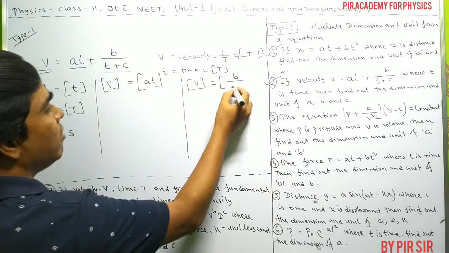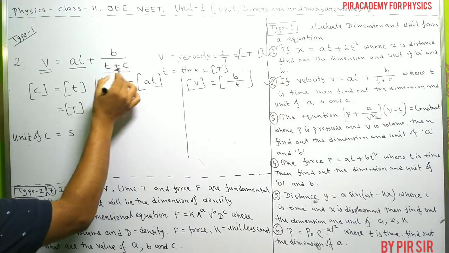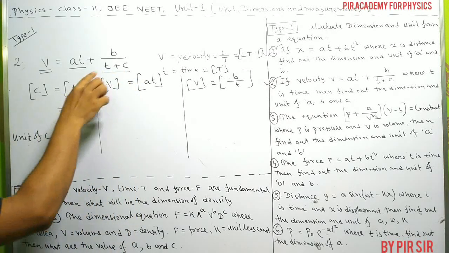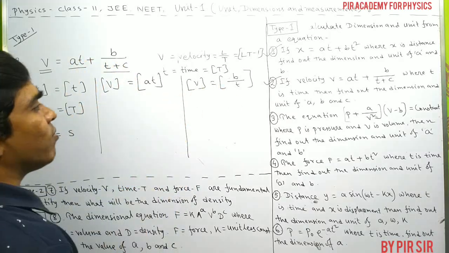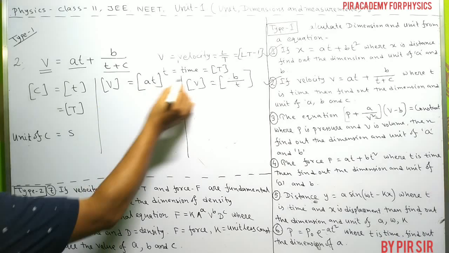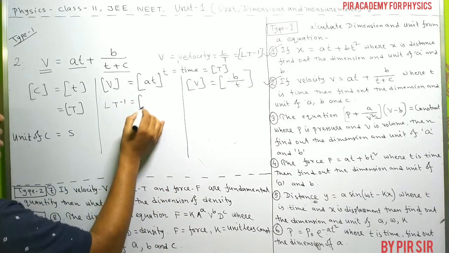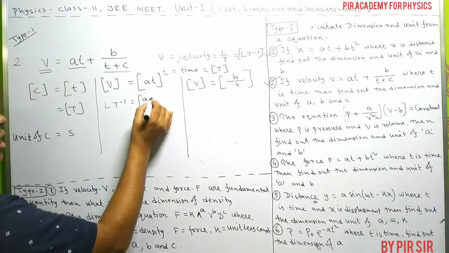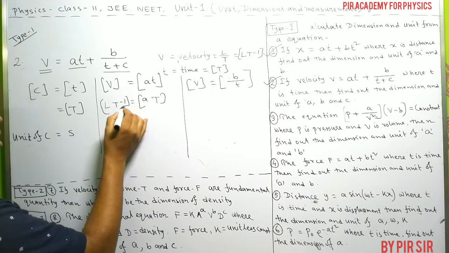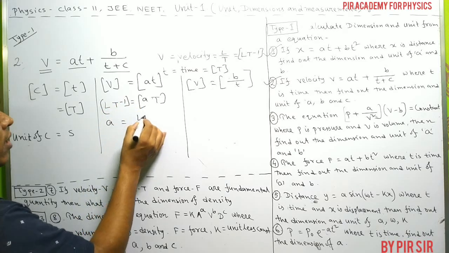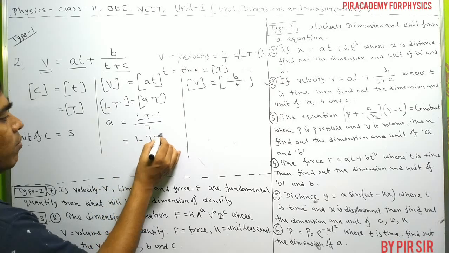This dimension is only T, because these two, the dimensions of C and T, must be T. And here the dimension of V equals L T to the power minus 1, and the unknown is A, and the dimension of T is T. Then A equals L T to the power minus 1, and here is another T, that means L T to the power minus 2.